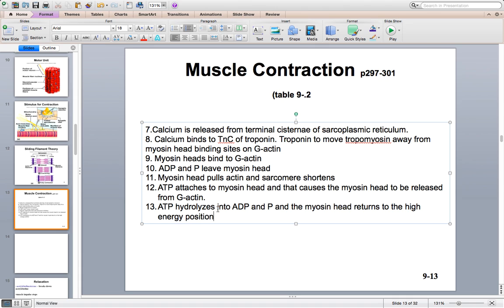Basically, the high energy position is the myosin head is cocked. It's ready to contract. So as soon as those myosin head binding sites are available, it can attach.